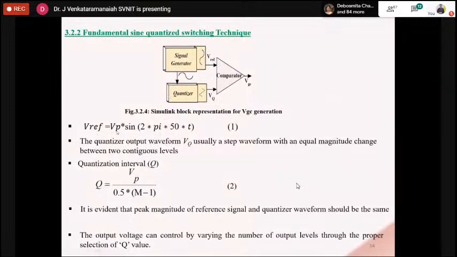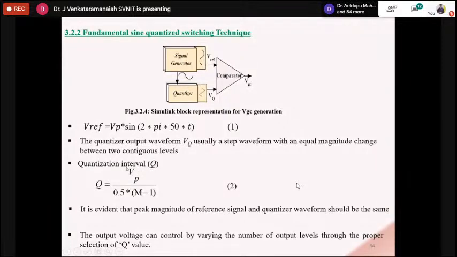This is the mathematics, which is very simple. The V reference formula is V peak value into sine 2 pi 50t. We quantize this output waveform, and the quantized output waveform is notated VQ. In the quantizer, we have to see the equal magnitude quantization interval Q, which we have to select in the quantizer.